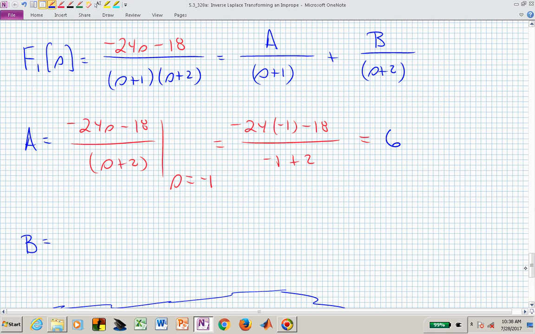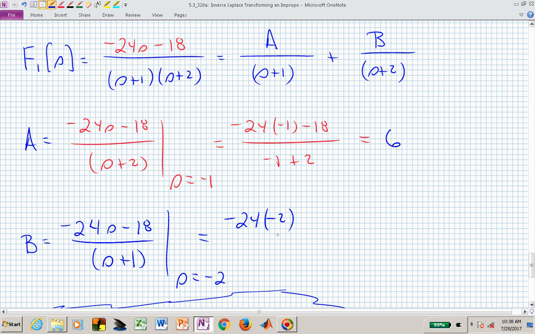B is done similarly. Now we multiply both sides through by s plus 2, and we're left with minus 24s minus 18 over s plus 1, evaluated at the value of s that causes the denominator factor underneath B to vanish, which is s equal to minus 2. We now have minus 24 times minus 2. There's 48. Minus 18, that's 30 upstairs.